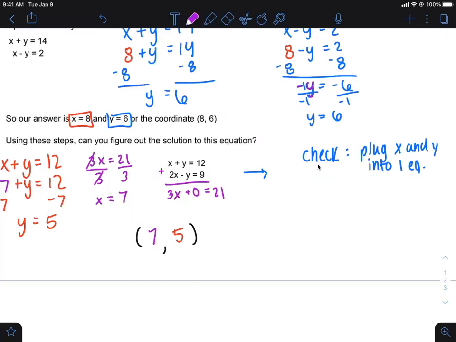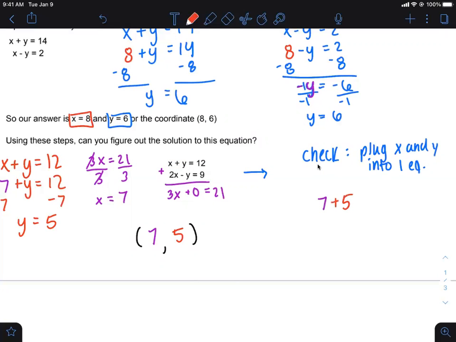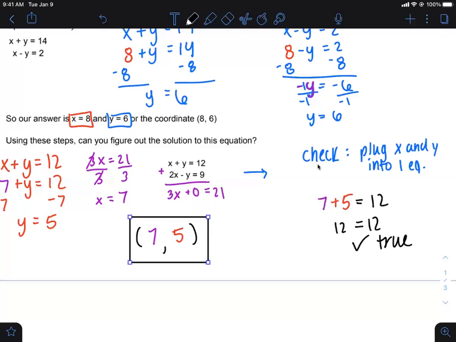So 7 plus 5 equals 12 according to this. Does 12 equal 12? Yep. So that makes this equation true, which makes our point the right point. Woo-hoo. We did it.